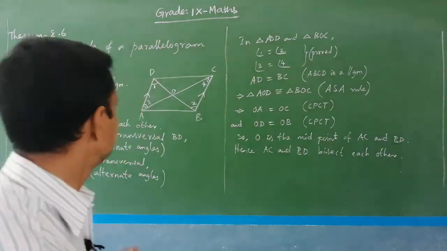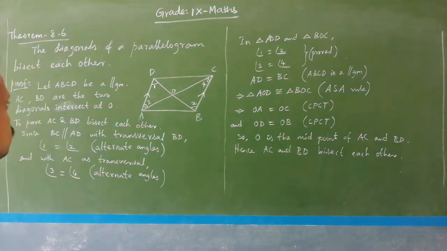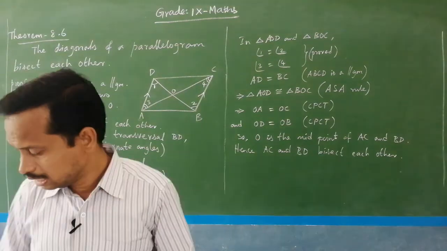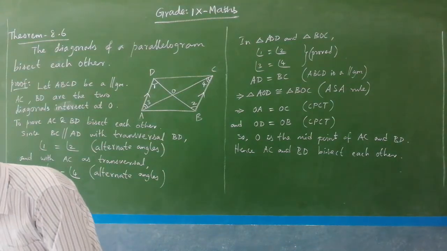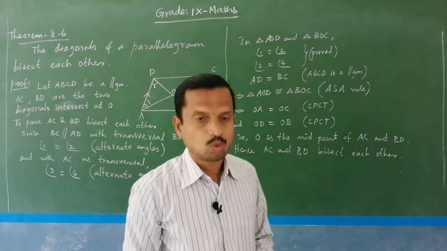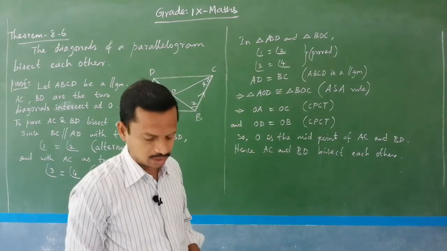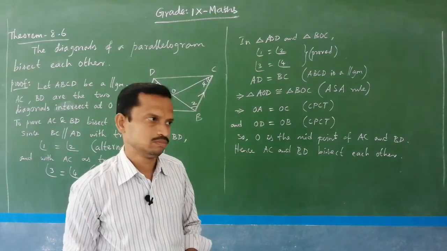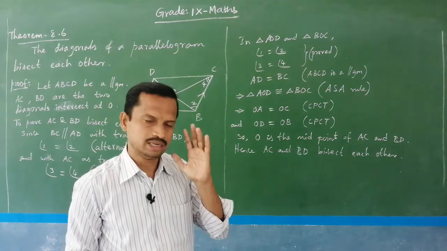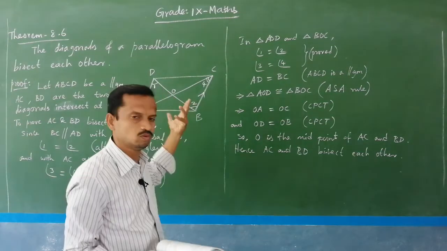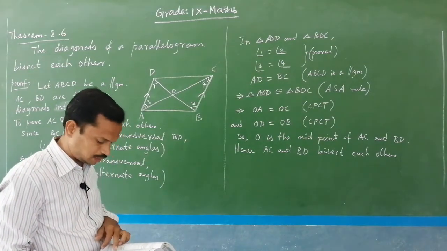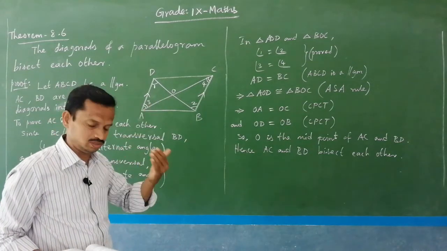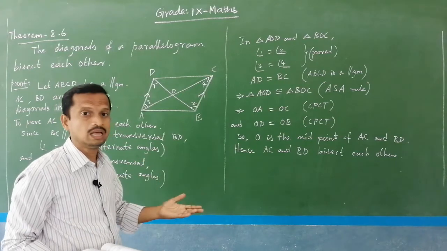So, this is the way you have to prove the theorems. Okay. And 8.7 is given in the book: if the diagonals of a quadrilateral bisect each other, then it is a parallelogram. So, first of all you take a quadrilateral like this, any four-sided figure, and if the diagonals of the quadrilateral bisect each other, then it will be a parallelogram.